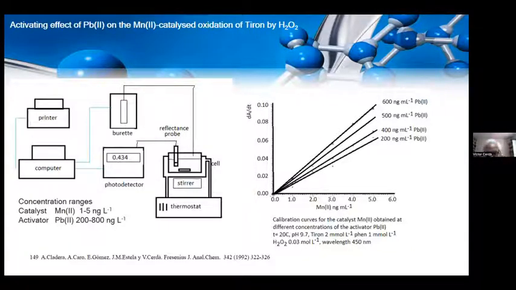Then we can determine both components, for example, manganese in the 1 to 5 nanogram per liter range, and lead as activator in 200 to 800 nanograms per liter.